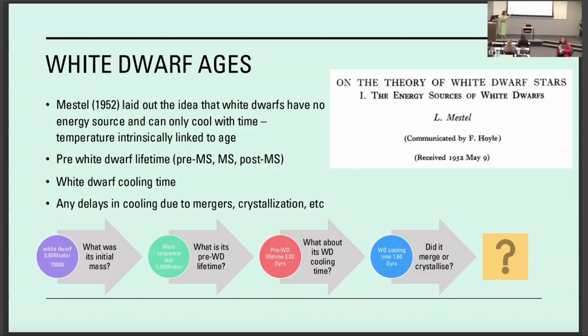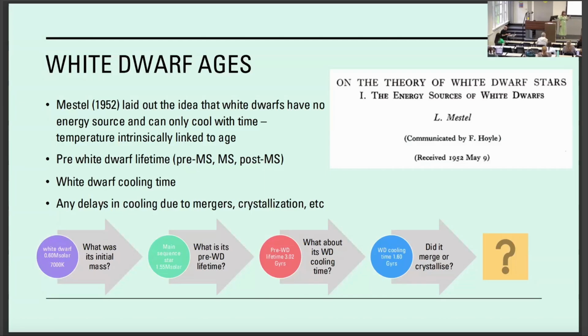So we've got a little layout here of how we can calculate it. If we observe a white dwarf at a particular mass and we know its temperature, we can calculate very easily its main sequence mass and therefore its main sequence lifetime. We can get its whole pre-white dwarf age and its white dwarf cooling time. All of these are pretty well established and we have lots of good models for those.